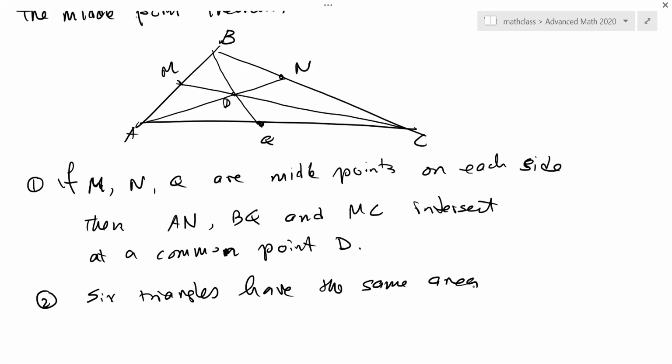Why do these six parts have the same area? At least you can tell that these two have the same area, these two have the same area, and these two have the same area. The most important thing is to compare the other two. If you can prove these two, then you can prove the rest.